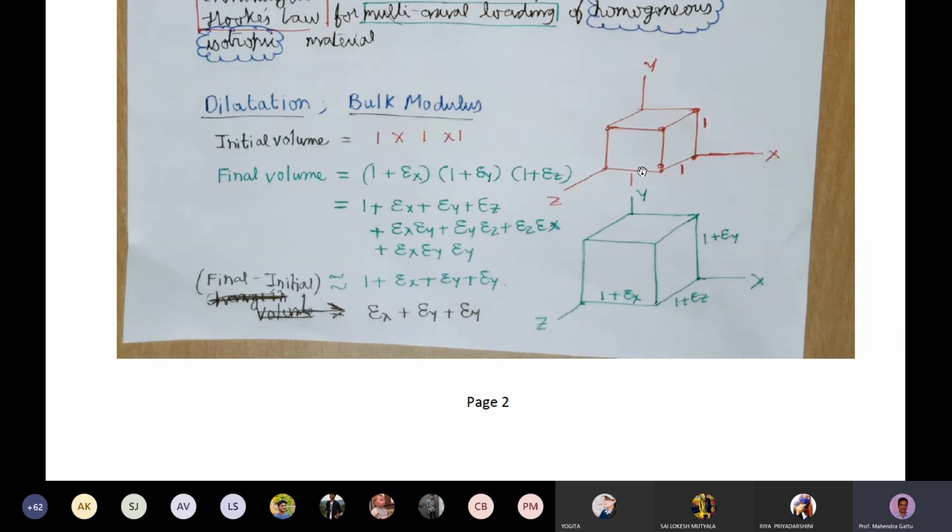Suppose the cube has lengths a, b, and c. What will be its increase in volume? Can anyone answer this? The initial length is a, the height is b, and the width is c. What will be the change in volume?